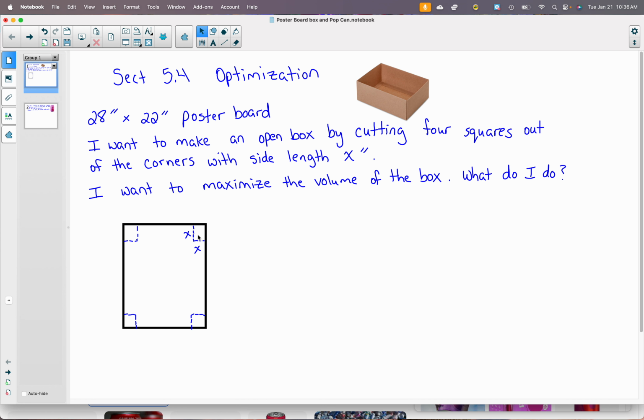Clearly this would not be folded, so I'd have to tape it up or somehow. So I want to maximize the volume of the box. So the first thing I need to do is think about my dimensions of my box if I fold this up.